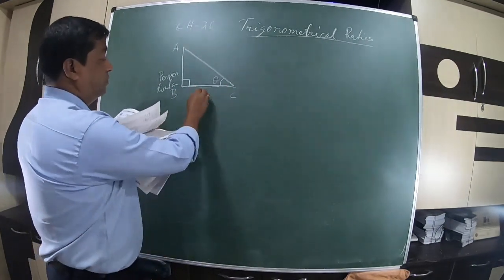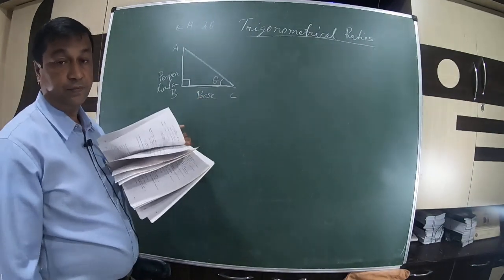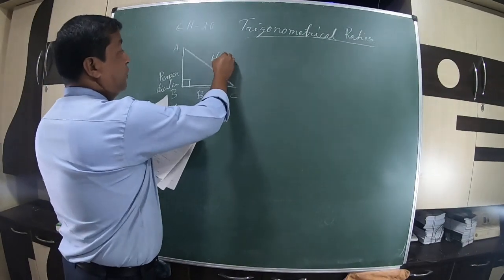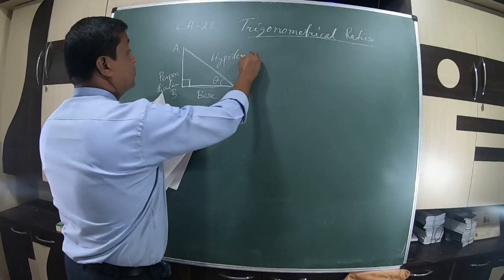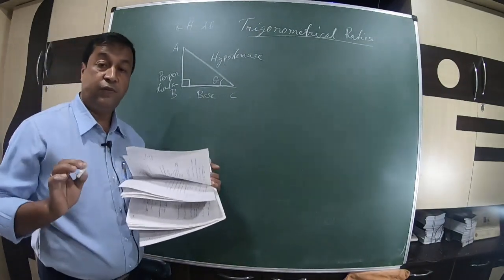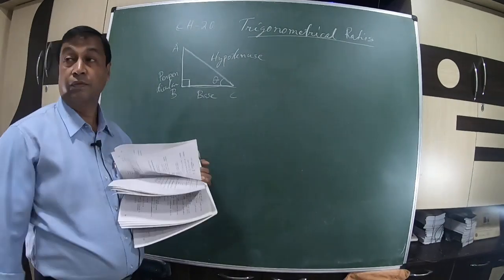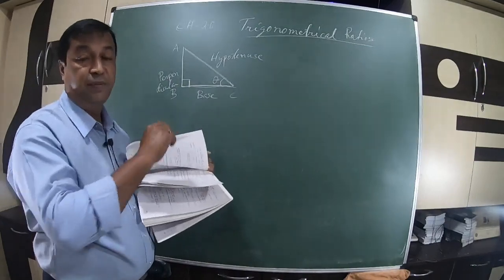Then you can take this one as the base, and AC is the hypotenuse. Now first of all, how will you find out the perpendicular and the base?